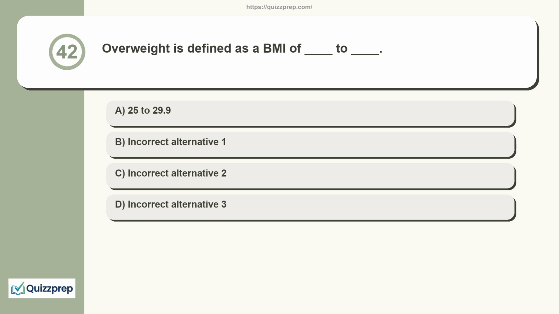Question 42. Overweight is defined as a BMI of ____ to 25 to 29.9. Incorrect alternative 1. Incorrect alternative 2. Incorrect alternative 3.